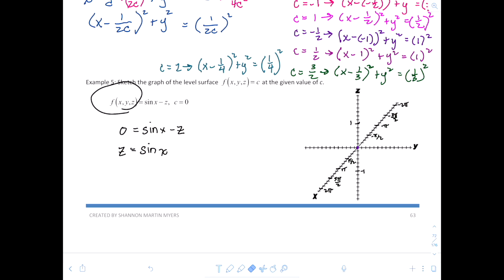That'll be about here. And then back down to 0. 3 pi over 2 gives us negative 1, which is about here. And then at 2 pi we'd zero out.